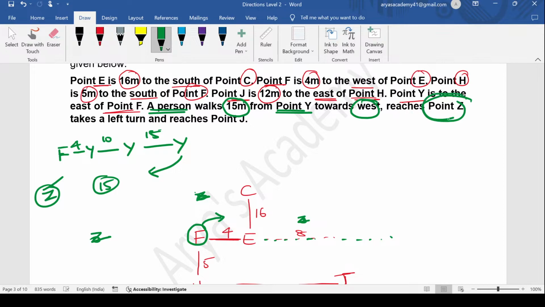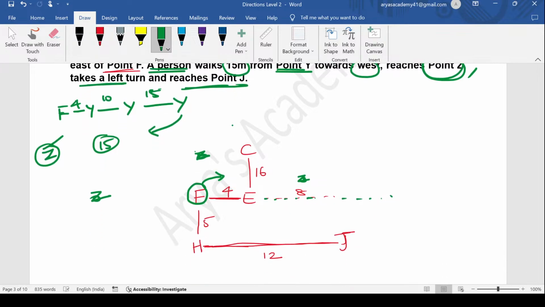Okay, point Z. Then point Z takes a left turn and reaches point J. So point J is where? Point J is here. Let us suppose that a person is at point Y, I am assuming point Y to be here.